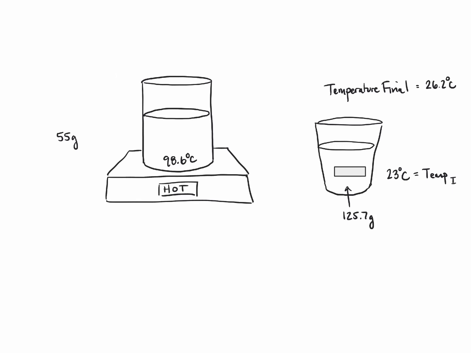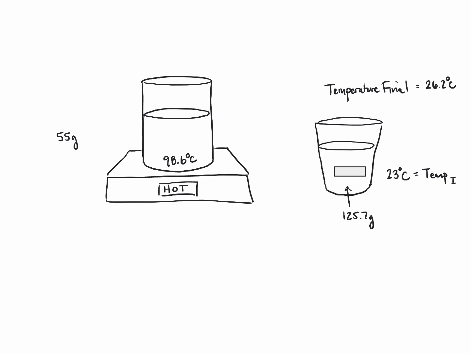If you notice, the metal went from 98.6 down to 26.2, and the room temperature water went from 23 up to 26.2. Now, how do we figure out the specific heat capacity of this metal? That's the whole goal of this problem. So this is the setup.